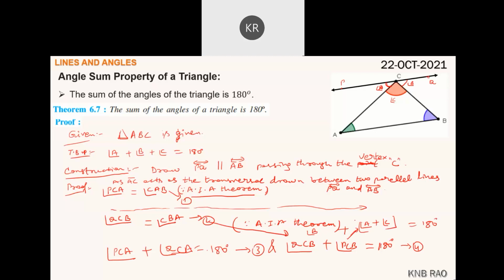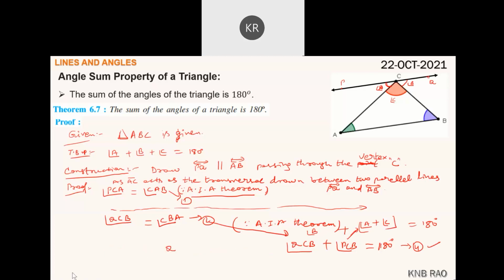This is what you have to use. Either you use this one or use the other which I have written, and prove angle B plus angle A plus angle C equals 180 degrees. Is it clear to you?